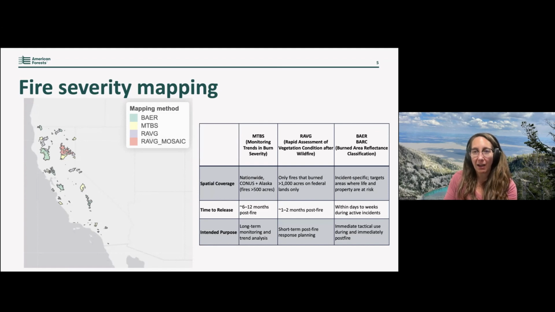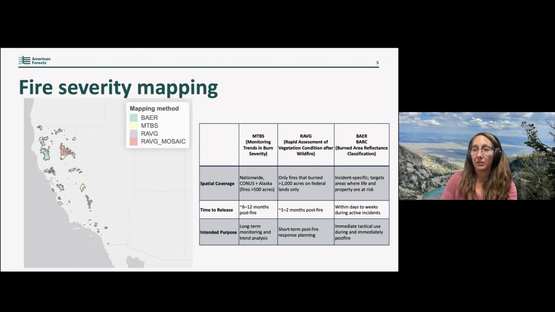If we think about RAVG, that's a secondary mapping piece that is put together by the Forest Service, and it is really intended to target federal lands, mostly National Forest System lands. So it has a constrained geospatial coverage as compared to MTBS. RAVG is only mapping wildfires that have burned more than 1,000 acres on federal lands.